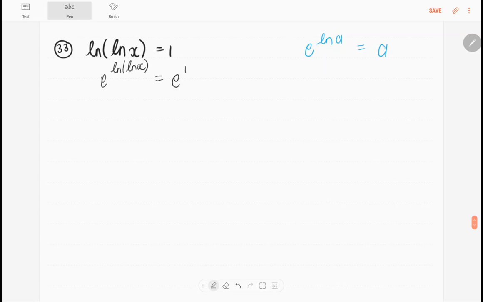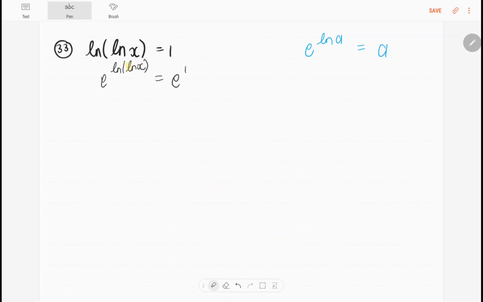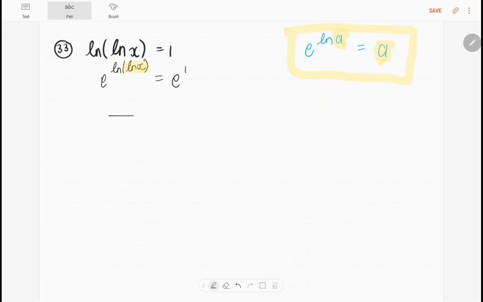Now on my left-hand side, I have e to the ln of ln x. And if I compare it to this equation I have here, that's just going to be equal to ln x. And on the right-hand side, I have e to the 1.